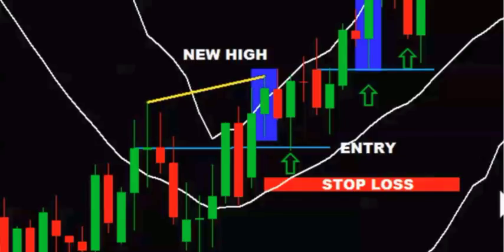Step 2 is to look for a specific entry point, so we know when to buy. This is where previous price highs and lows come into play, as these are the points we need to use as reference to execute the order. When step 1 has been confirmed here, we need to wait for the market to retrace back to a previous high. Find a relevant high to use, then execute the buy order.